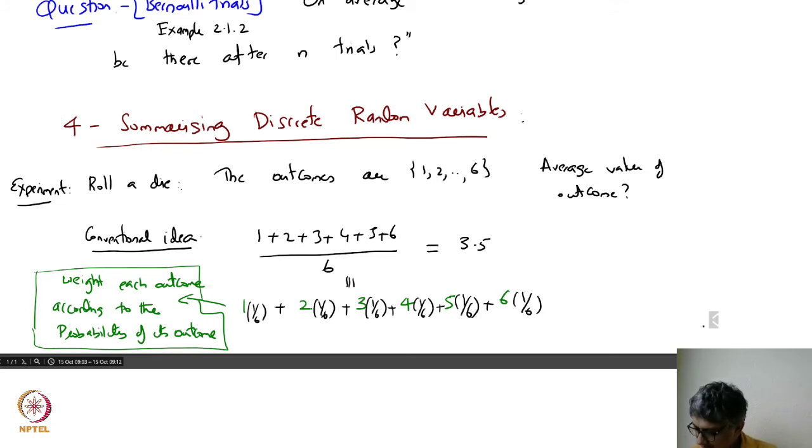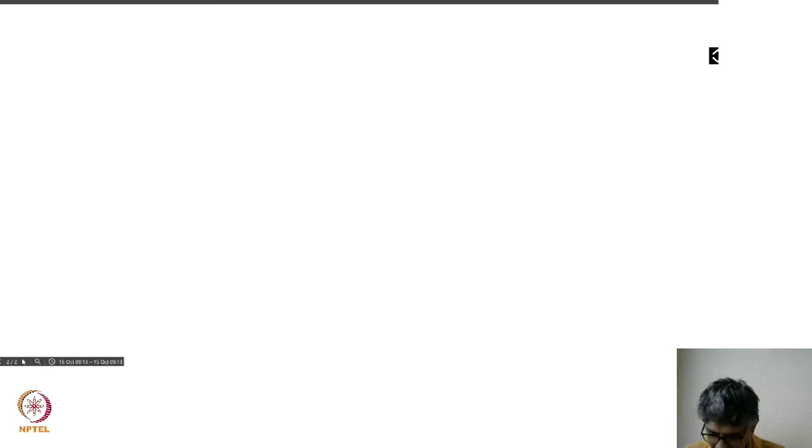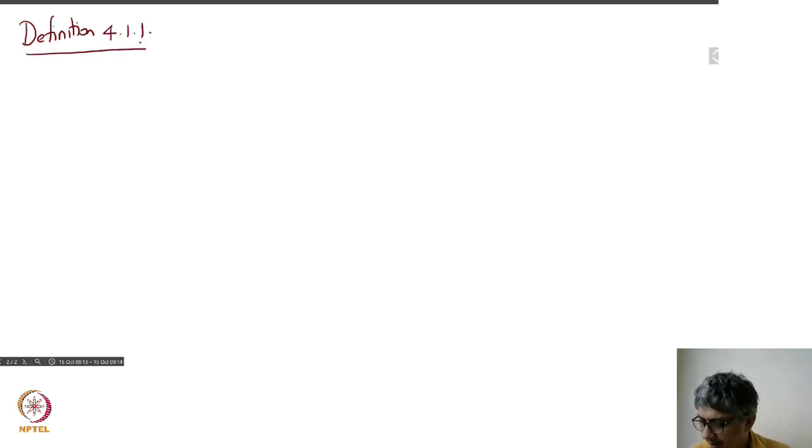So now that comes to our first definition. Let me write that definition down. Here let X be from S to T, a discrete random variable.